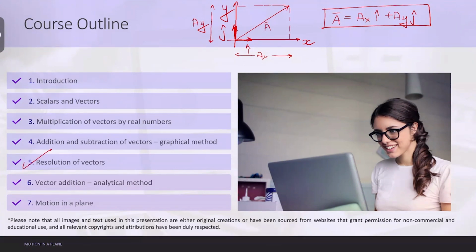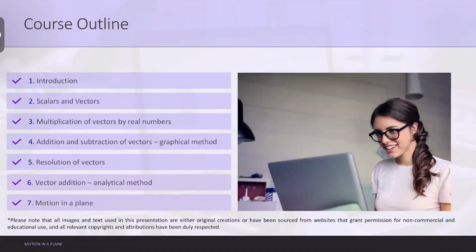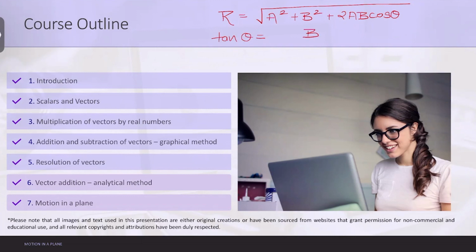Next, we understood vector addition by the analytical method, in which we derived the formula r is equal to under root of a square plus b square plus 2ab cos theta, where tan alpha is equal to b sin theta over a plus b cos theta.